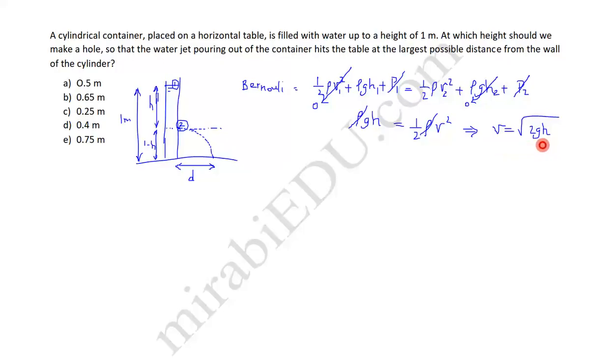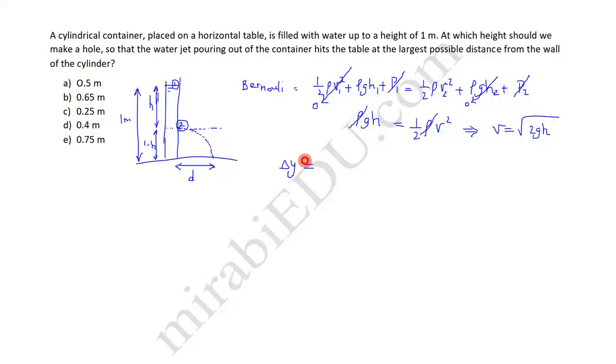Okay, now with this velocity, water is leaving this cylindrical container with this horizontal speed, and it has some time to hit the table here. We want the horizontal distance to be the maximum. This is like a projectile motion, right?